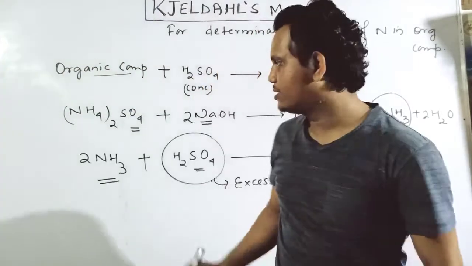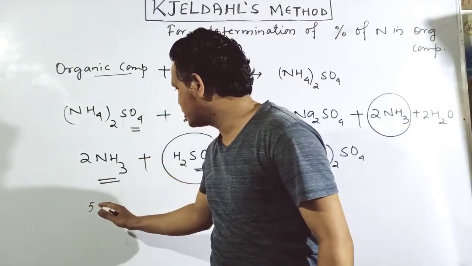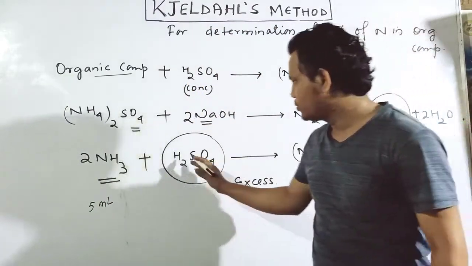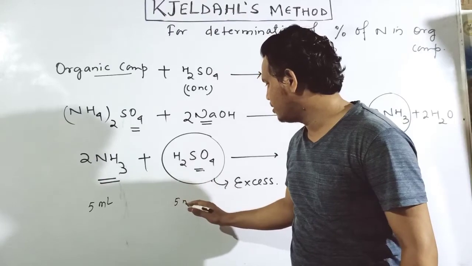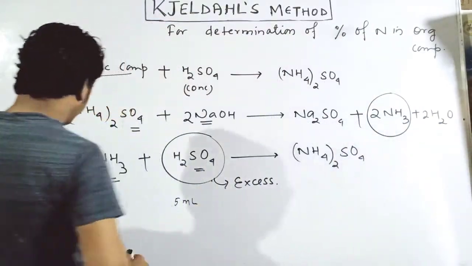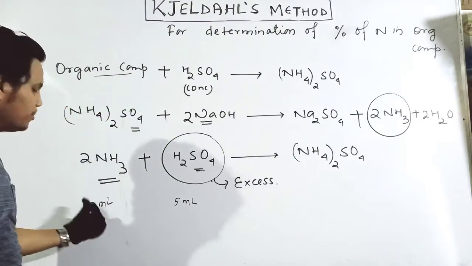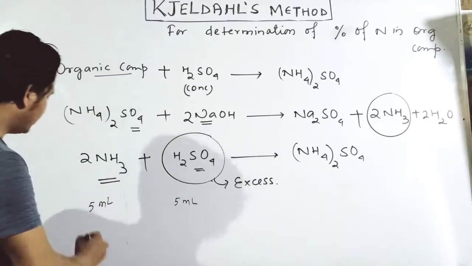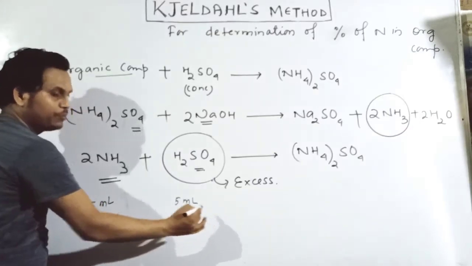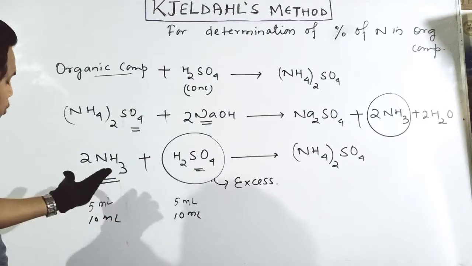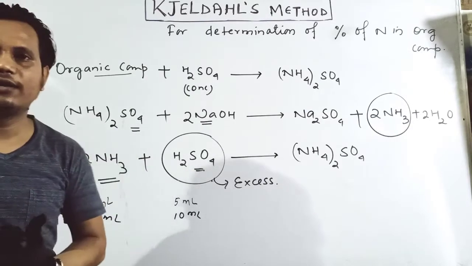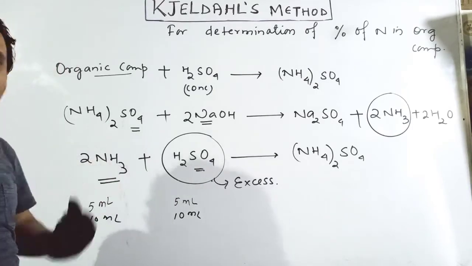If we know that ammonia production is 5 ml, then we can take 5 ml and it will neutralize completely. If it is 10 ml, then we will take 10 ml. But the main thing is that we don't know the volume of ammonia produced. This we have to determine.